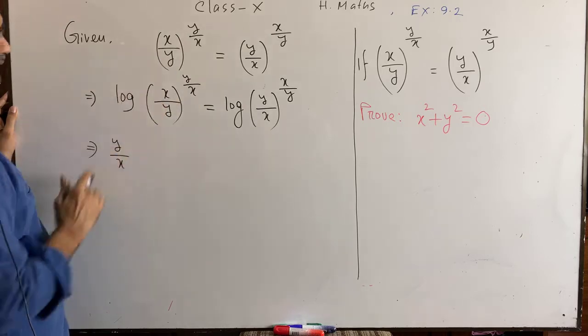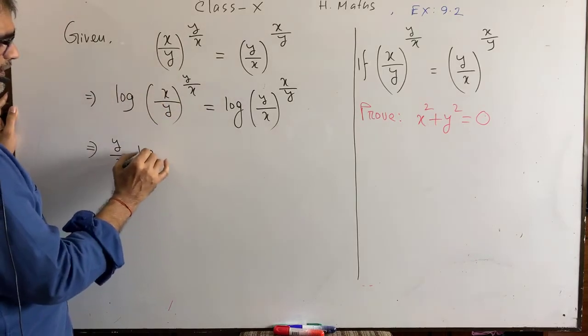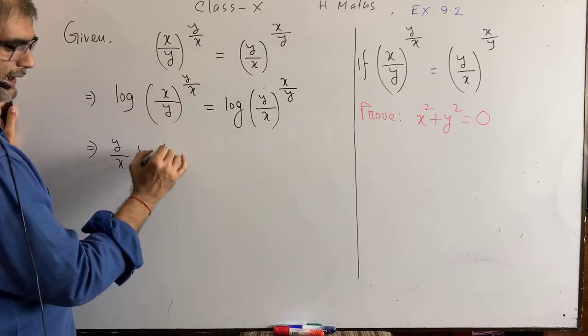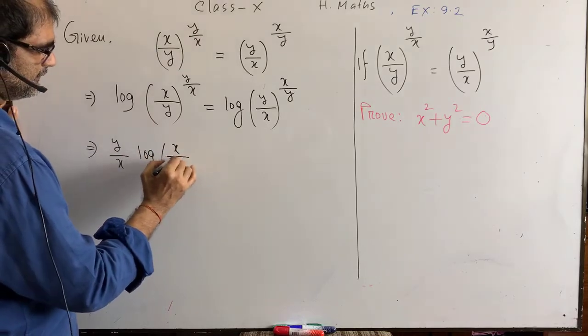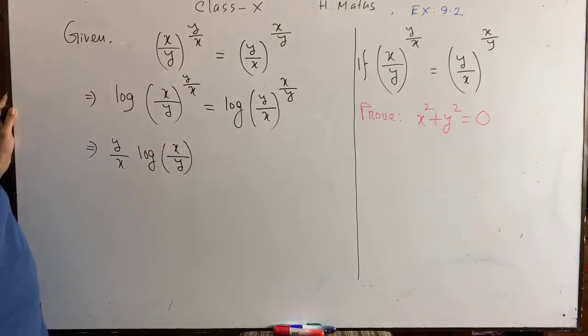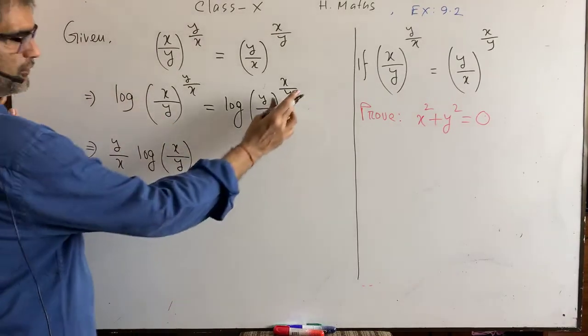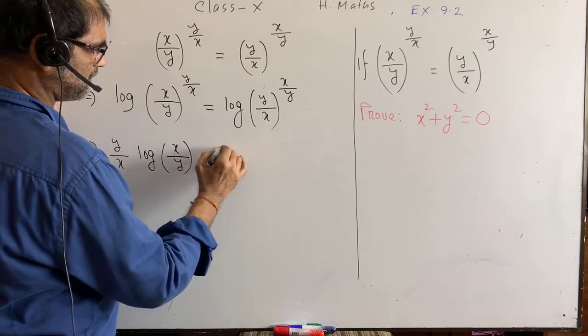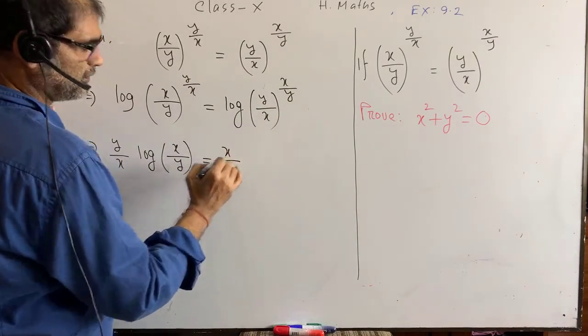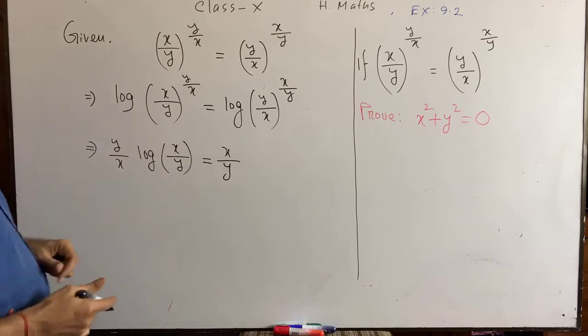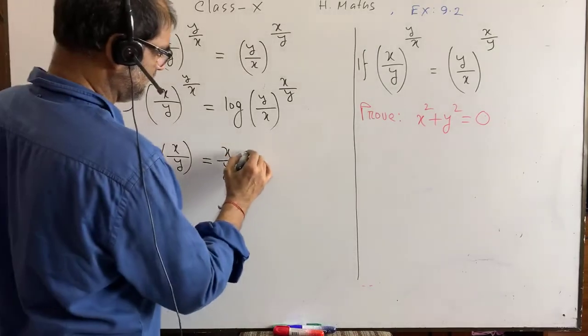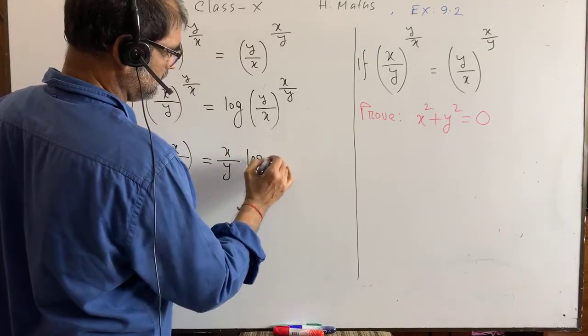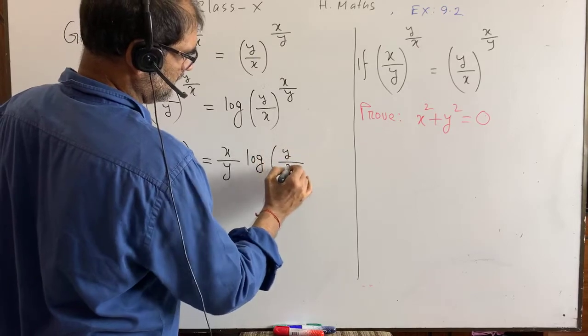It is the power. So it is log x by y. Then here also it is the power x by y. Write down x by y will be considered here as coefficient. It is log y by x.